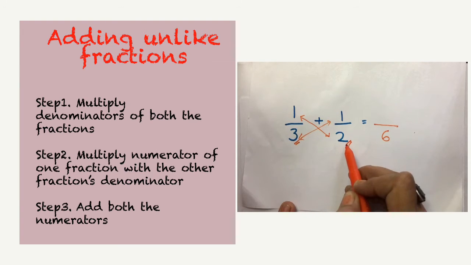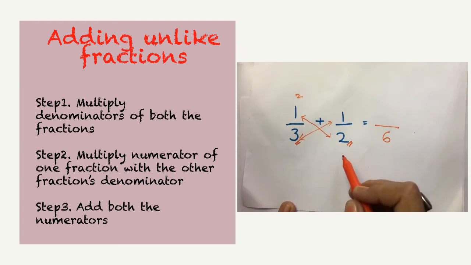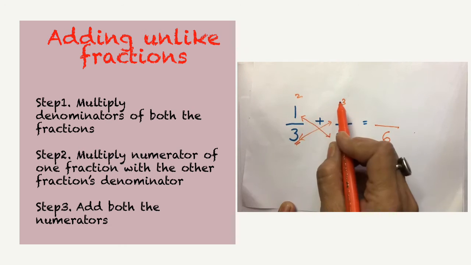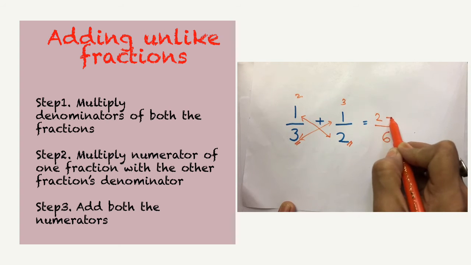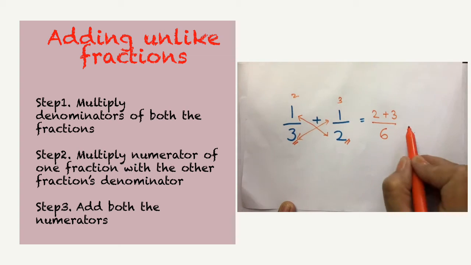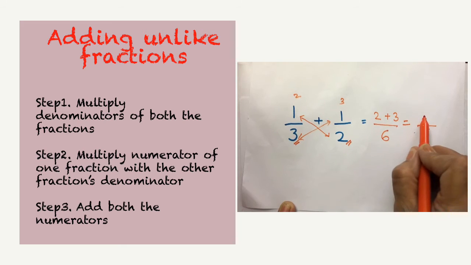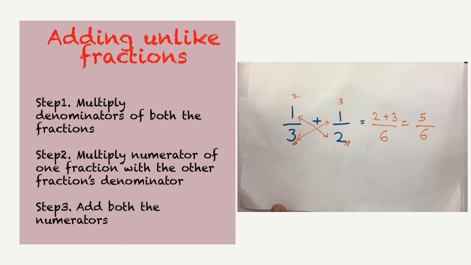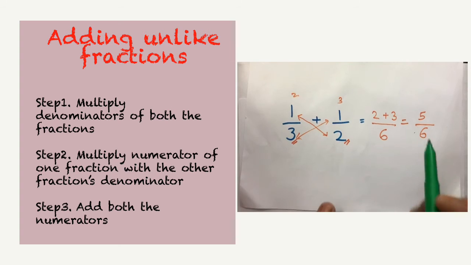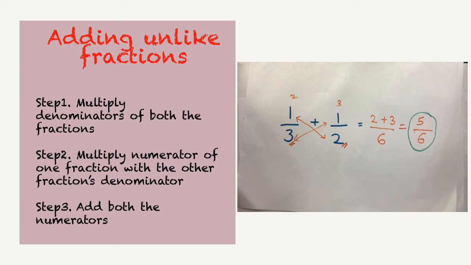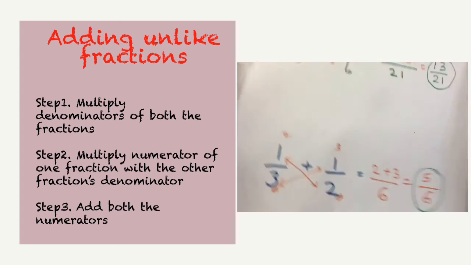So 1 2s is 2, 1 3s is 3. Now we will add both the numbers. 2 plus 3. What does this give? 6 in the denominator. 2 plus 3 is 5. So this is our answer. Easy. Let's take another example.